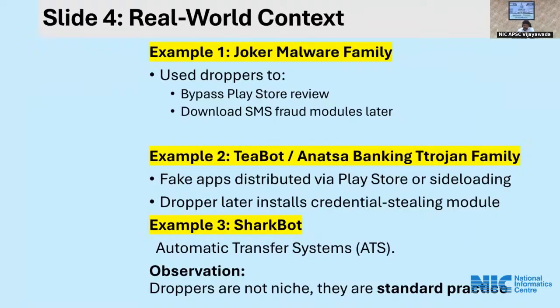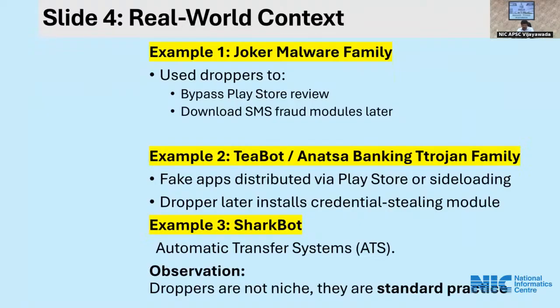Depending on the variant, it either downloads a second stage APK or dynamically loads another dex file. That payload subscribes the user to premium SMS services without their consent or knowledge. The user only discovers this when they get a huge phone bill.